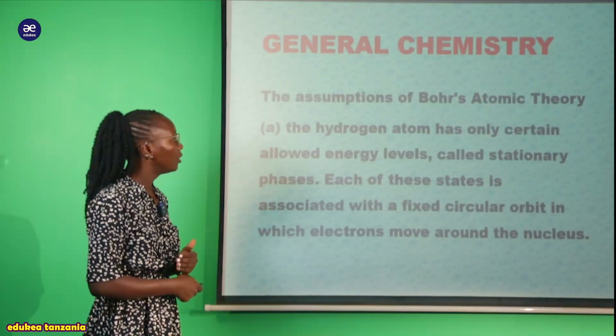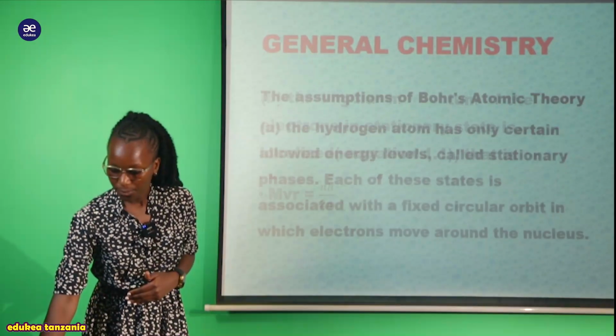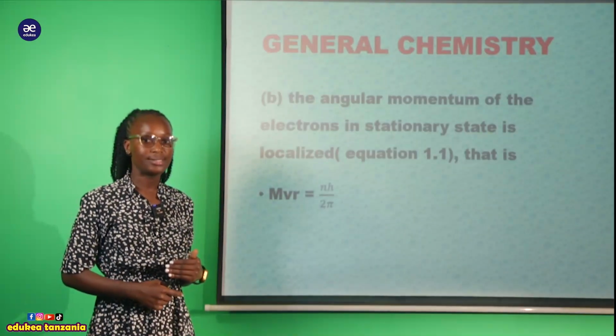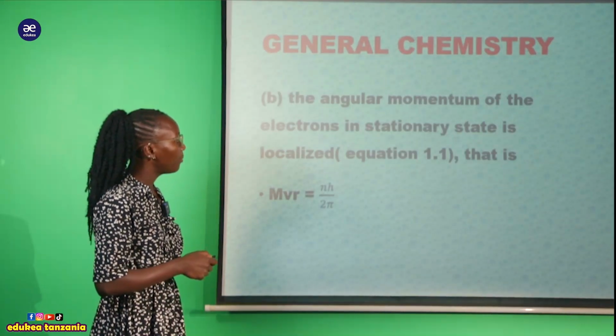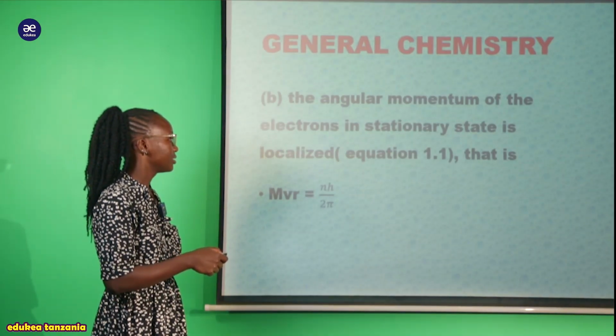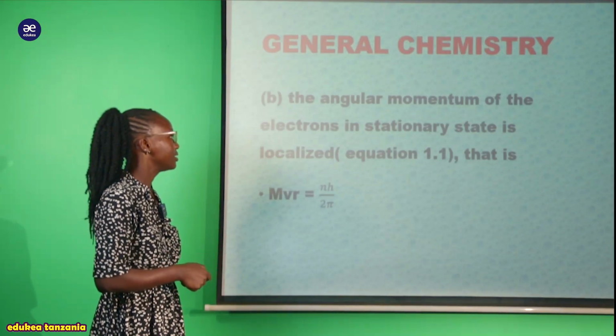So you can see that another assumption is that the angular momentum of the electron in the stationary state is localized.